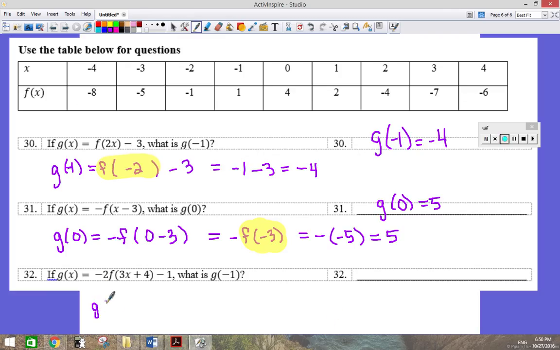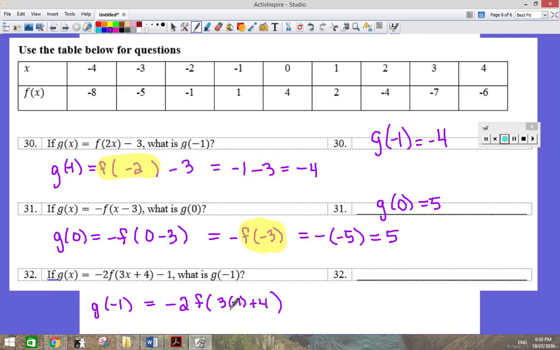We're trying to evaluate g at -1. We know the relationship between g and f is given through this equation. It's -2 times a number I'm going to get from my table. Well, I have to figure out what number that is from the table. Inside the parentheses, I've got 3 times -1 plus 4.